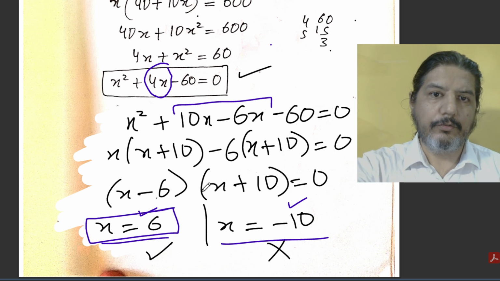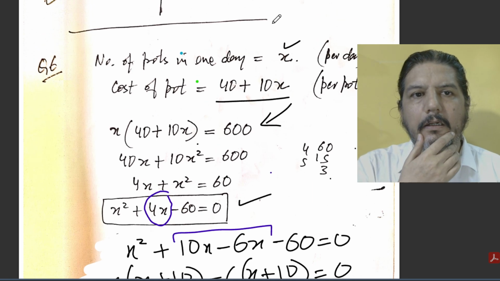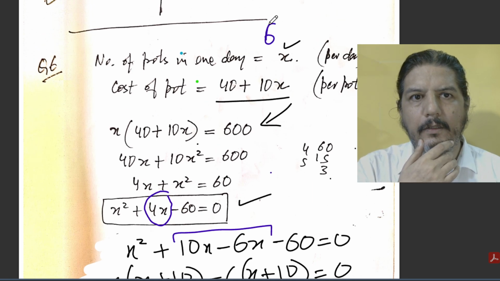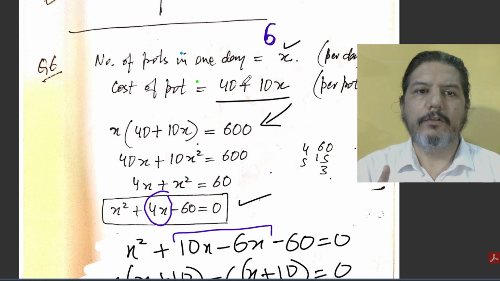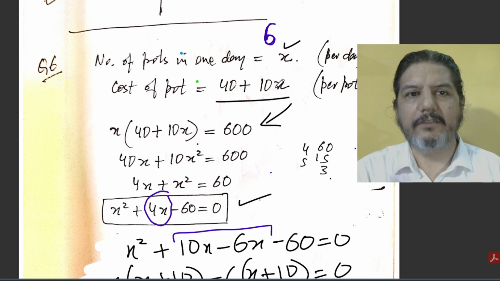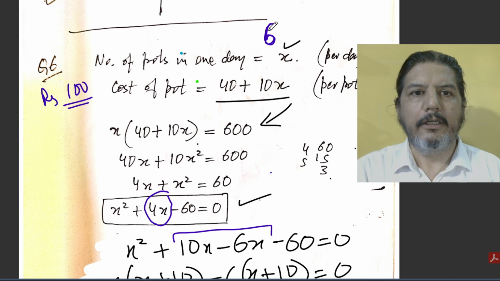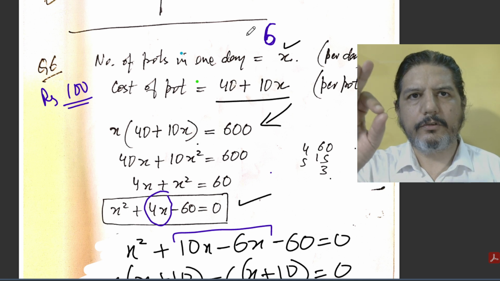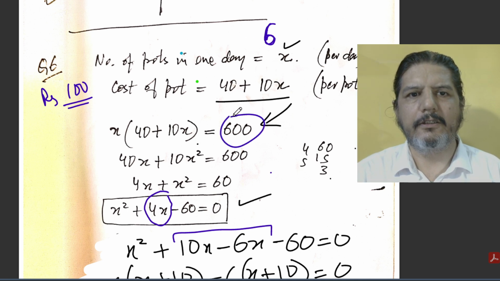Now when x is equal to 6, what it implies is that he's making 6 pots in a day. And the cost of each is 10x, which is 60, plus 40, so 100. So basically the cost of each pot is rupees 100. And that is why his total production cost of the pots he makes in one day is 6 into 100, which is 600.